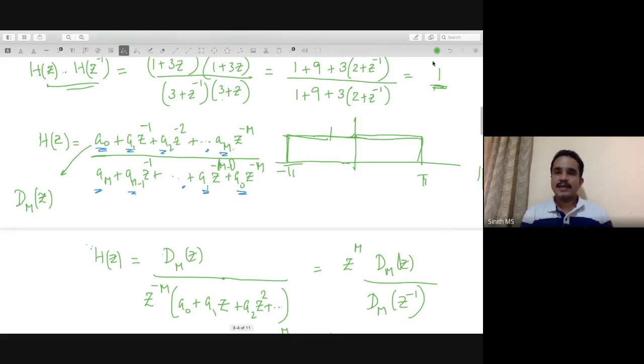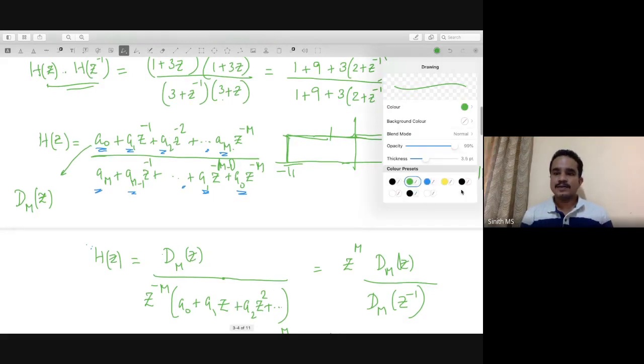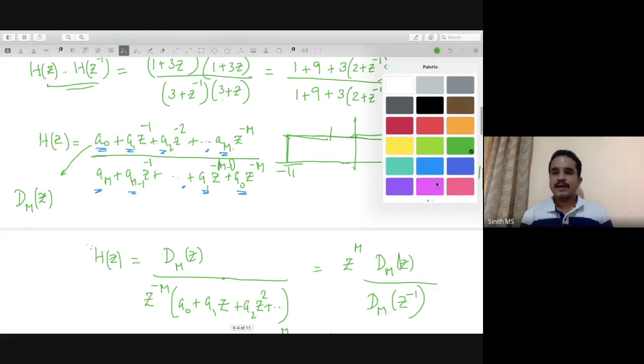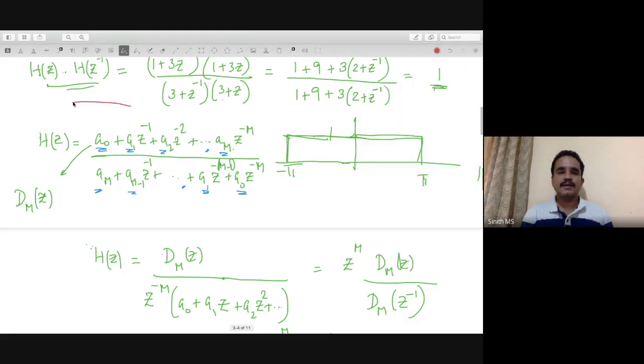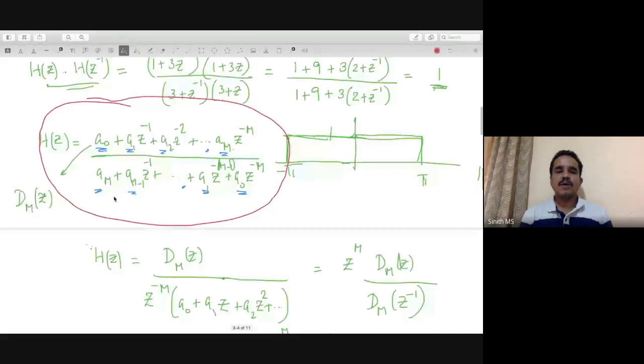So any filter of this form is always an all pass filter.